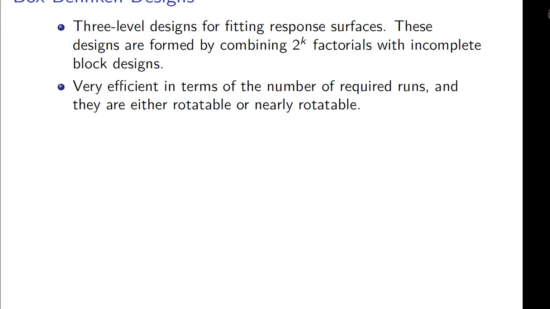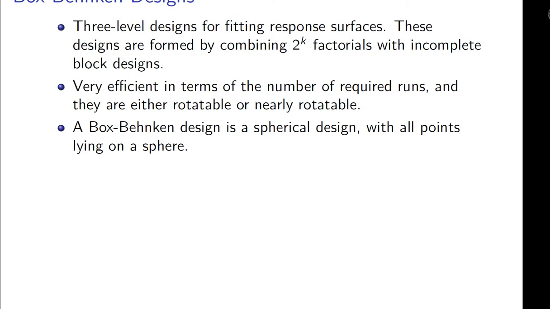So we'll show you an example in just a second. The advantage of a Box-Behnken design is that it has fewer experimental runs than the central composite design, but it does preserve the rotatability, or truth be told, it's nearly rotatable.